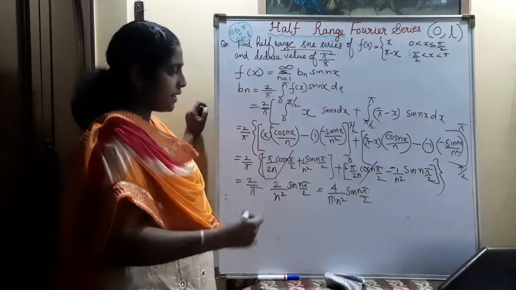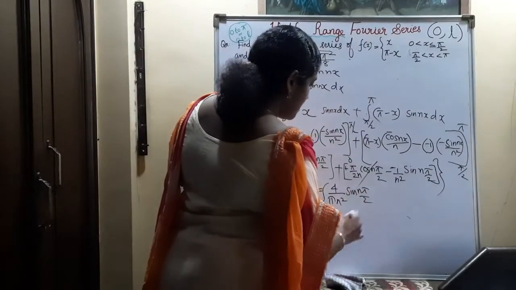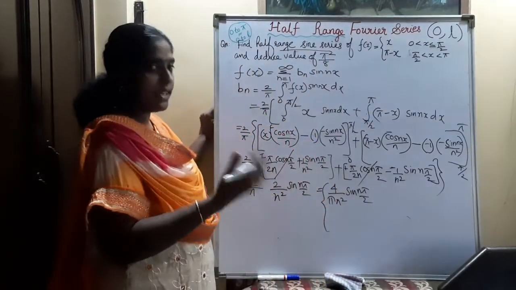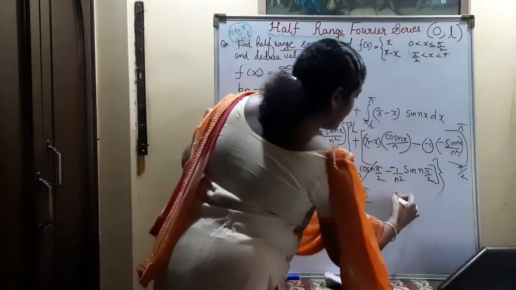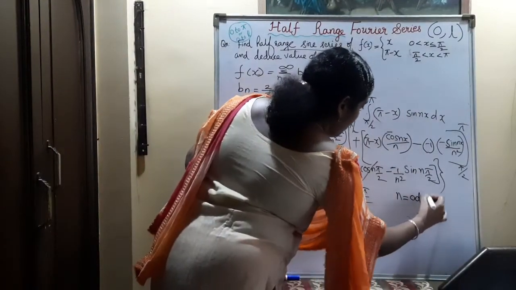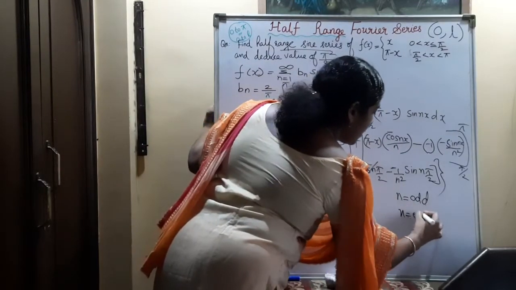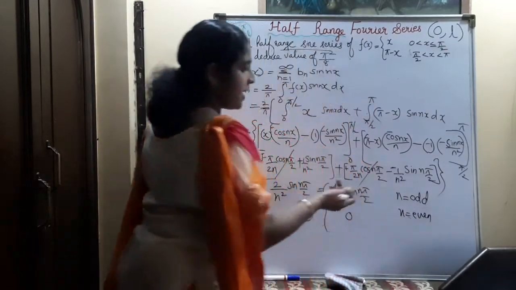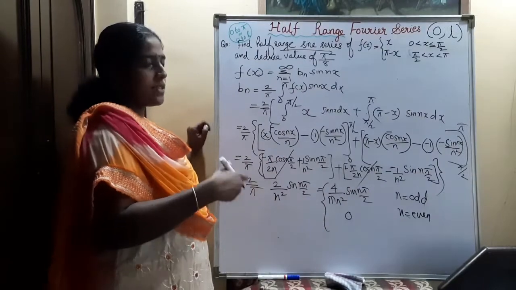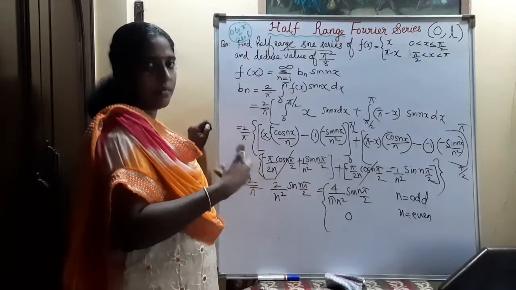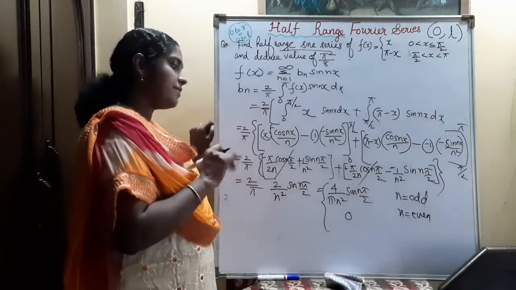Okay, now we consider n equal to odd or n equal to even. If n is odd, sine n pi by 2 has a value. If n is even, what will be the value? It will reduce to sine n pi, which becomes 0.